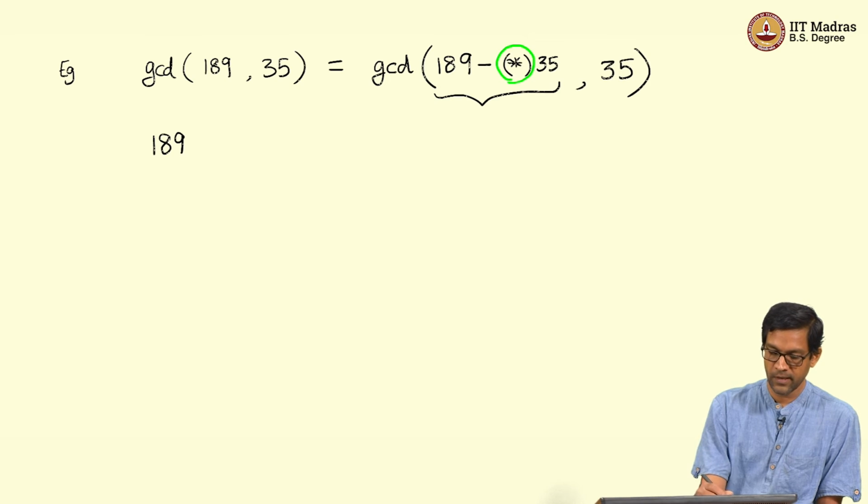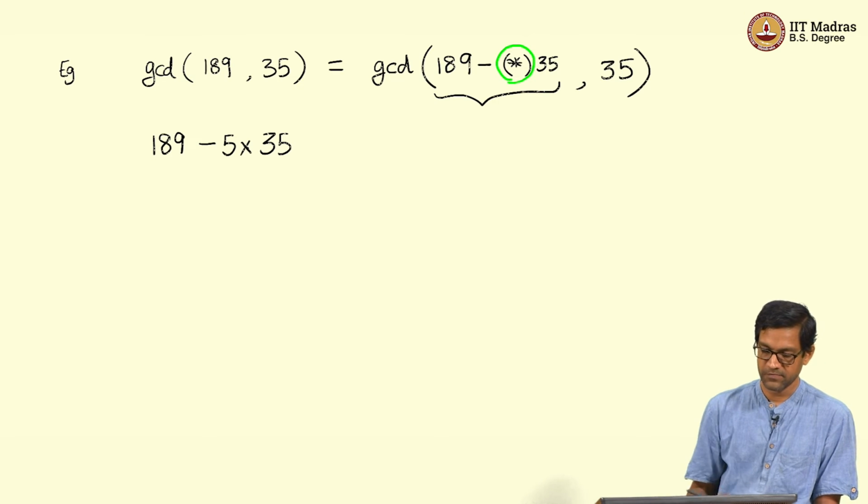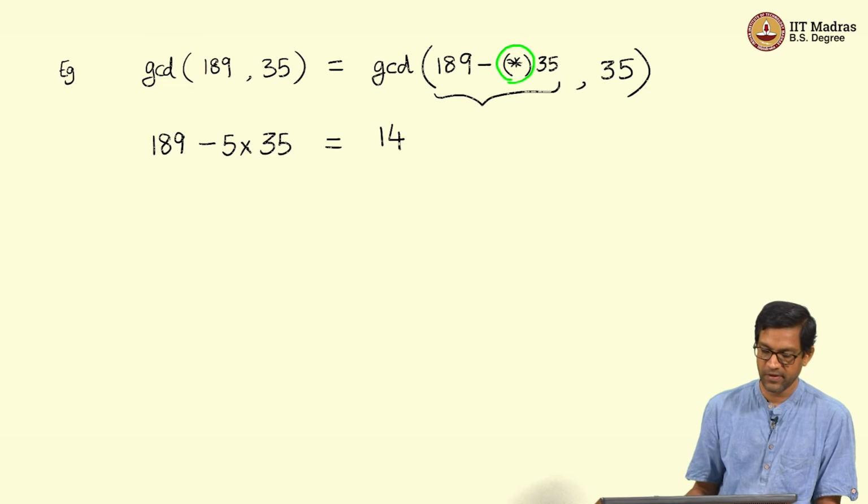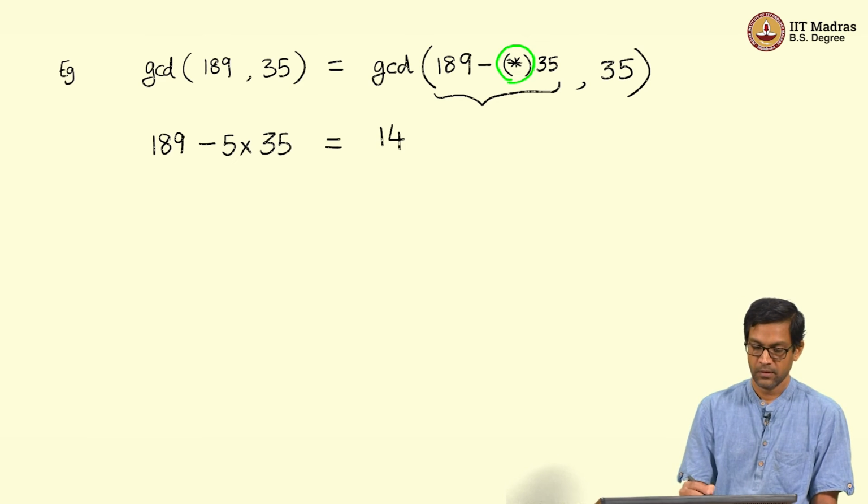We have 189 minus which multiple of 35 will give me a very small answer. Well, if I for example took 5 times 35, okay, so the multiple 5 of 35, so that is going to give me 175. So, 189 minus 175 is 14, okay.